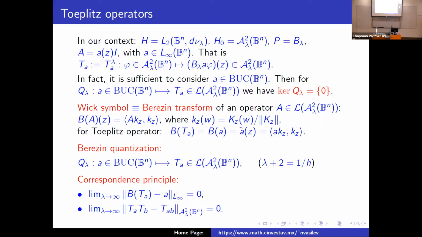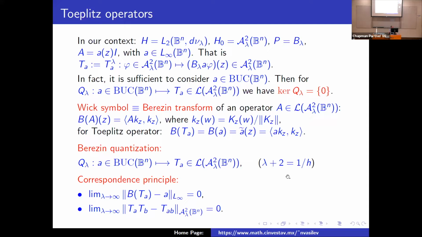What is good and exciting is that in our case, this linear mapping from A to the Toeplitz operator has zero kernel. So we can now ask, how do the properties of the function A determine the properties of the Toeplitz operator? There is a useful toolbox here.